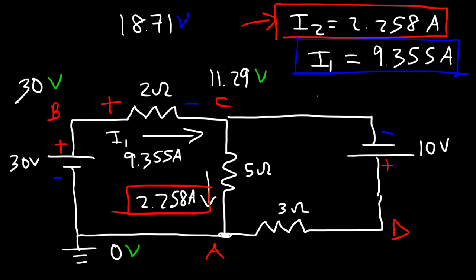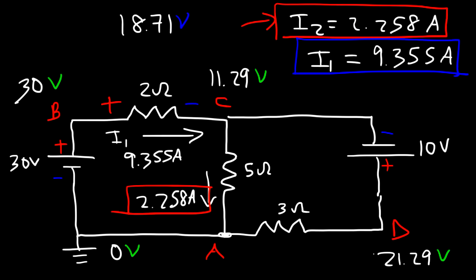Now let's move from C to D. So as we travel in this direction, we're going towards the positive terminal, and so that's a voltage lift of 10 volts. So it's going to be 11.29 plus 10, so the potential at D is 21.29 volts.